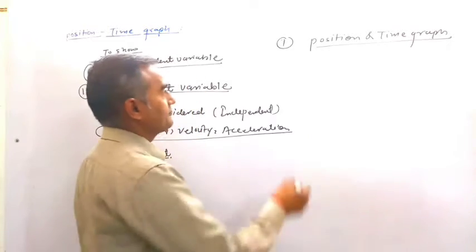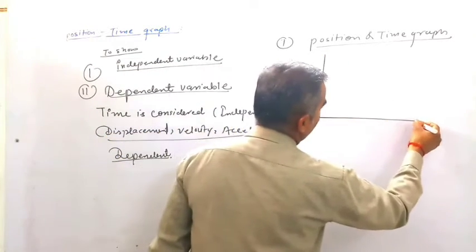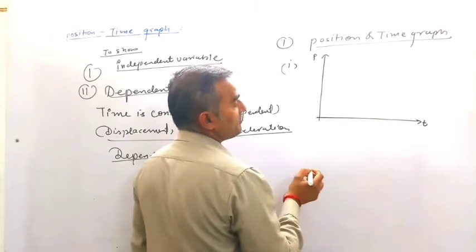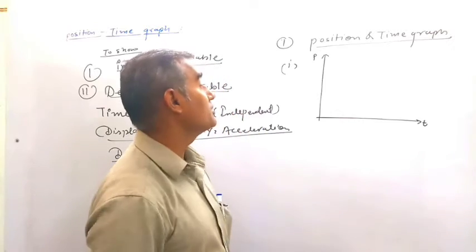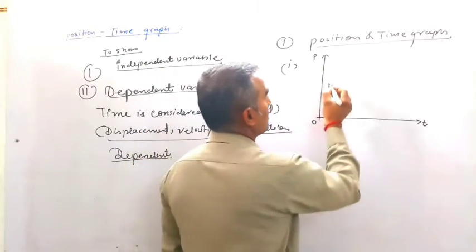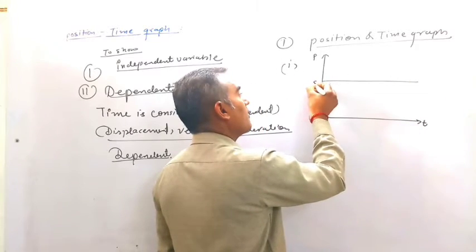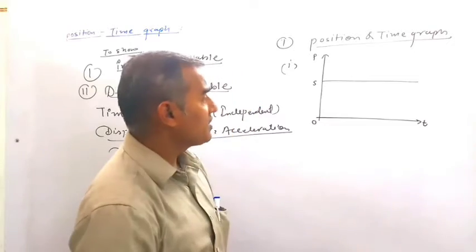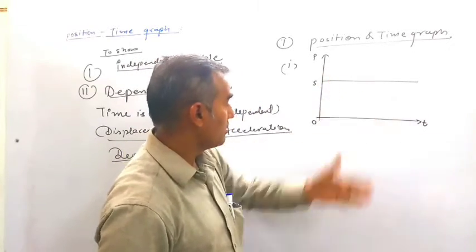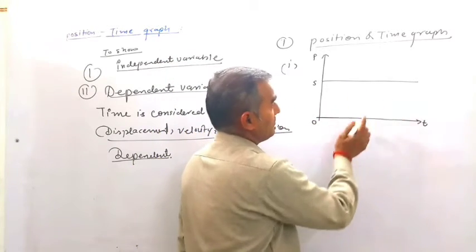Graph number 1. This is the time, this is the position or displacement. Time always in second, position in meter or centimeter or kilometer. So always this is the S. Look at this graph very carefully. Here the graph line, the straight line, is parallel to time axis.